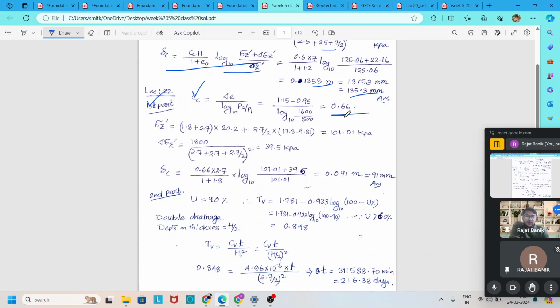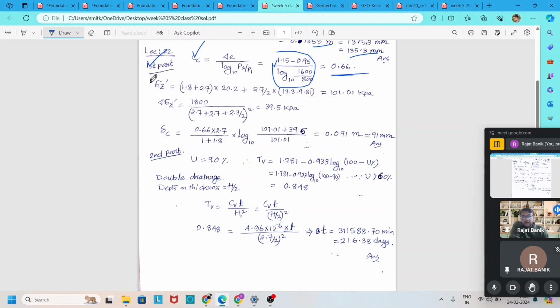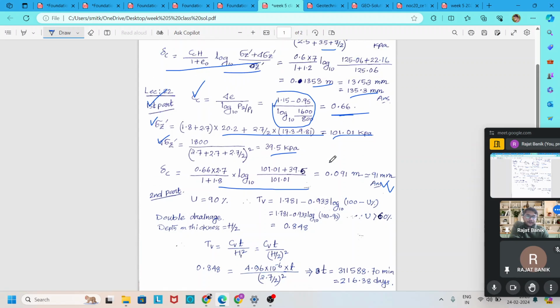Taking the slope at any 2 points, it comes out 0.66. Then the effective stress at the middle of this clay layer comes out 101.01 kPa. Then del sigma z dash comes out 99.5 kPa. After all this, put these values in this formula and get the settlement. The consolidation settlement is 91 mm.